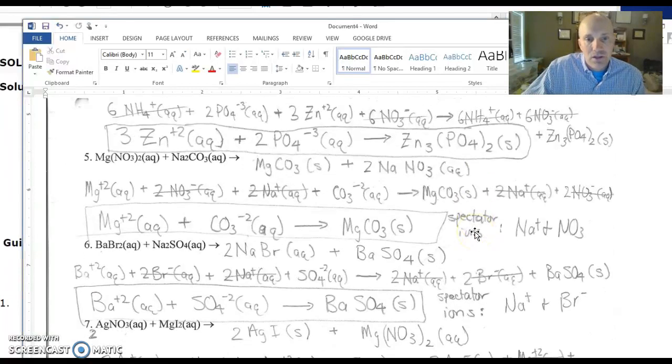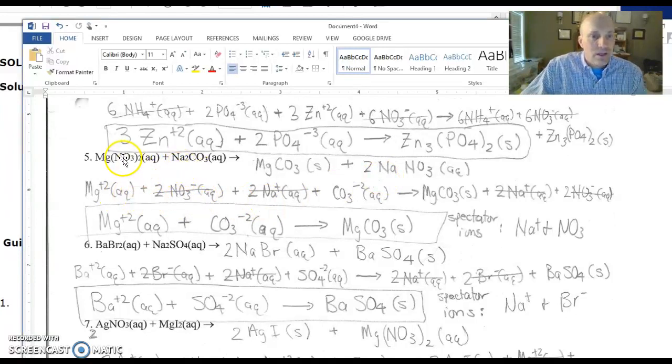All right. So for this next one, here is the balanced reaction. Again, you're just swapping the cation and anion between the 2 ionic compounds.